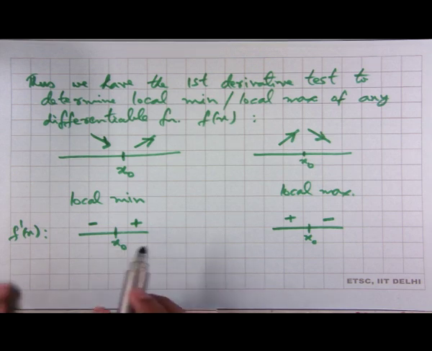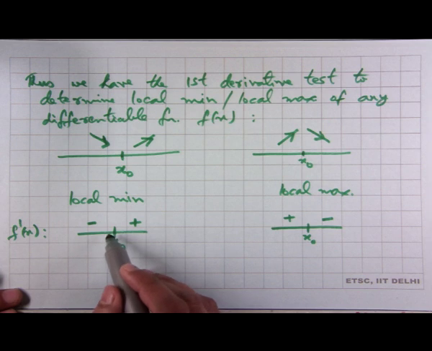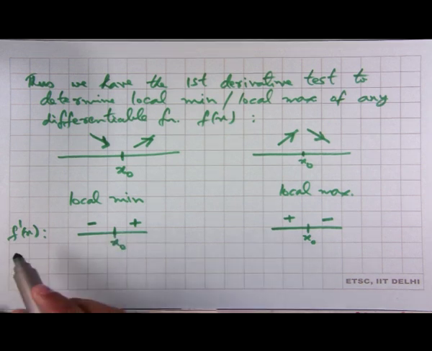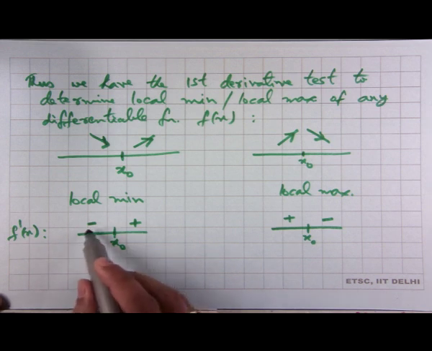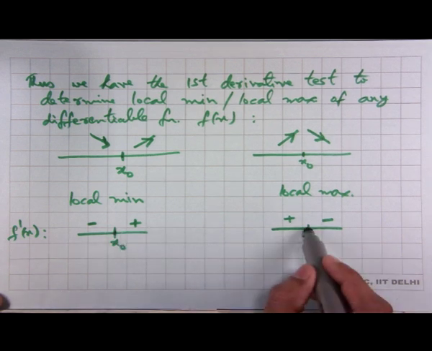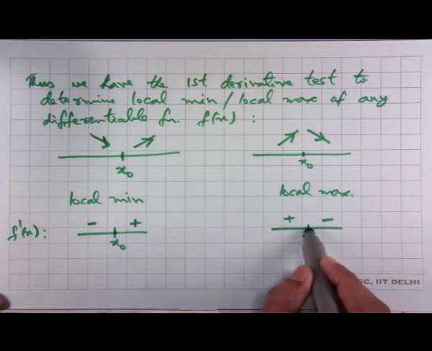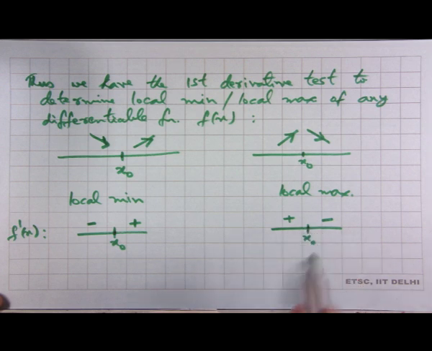So, the first derivative test says that if the function is differentiable and if the sign of the derivative changes from negative to positive around x naught, then we get local min, and if it changes from positive to negative, then this must be a local max.